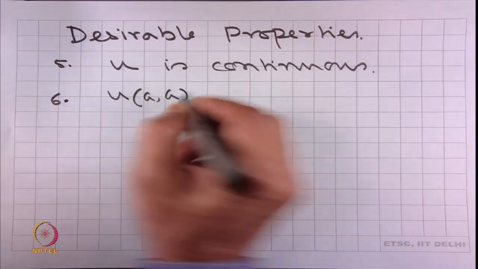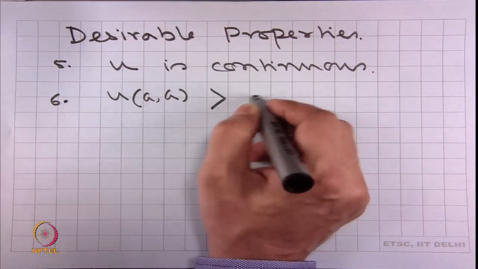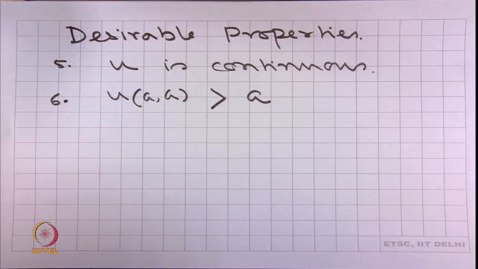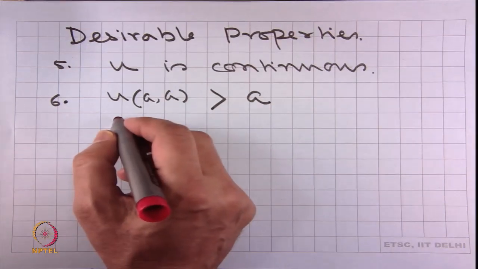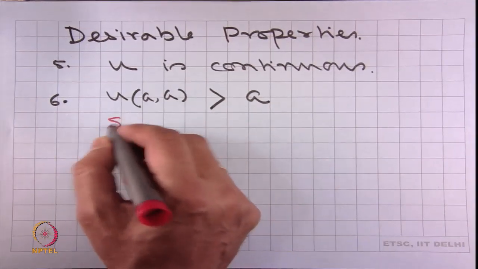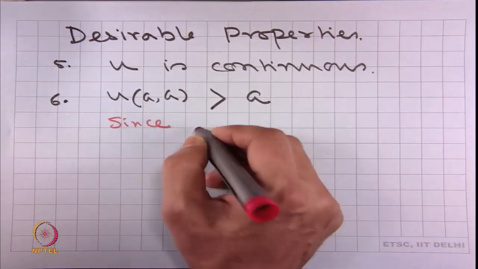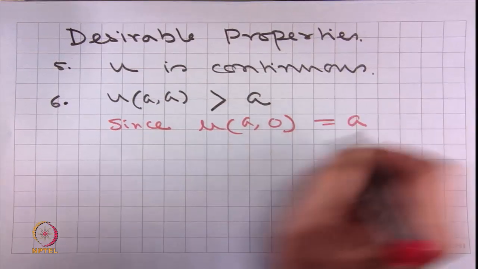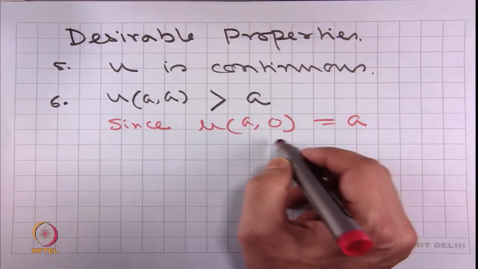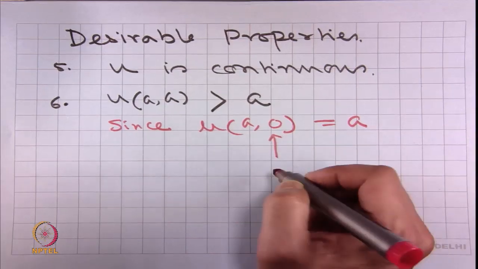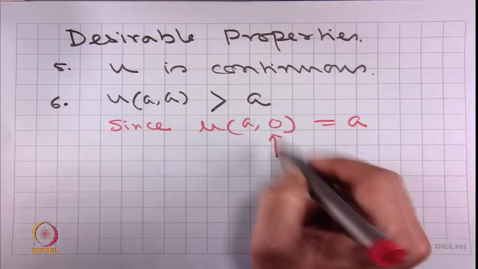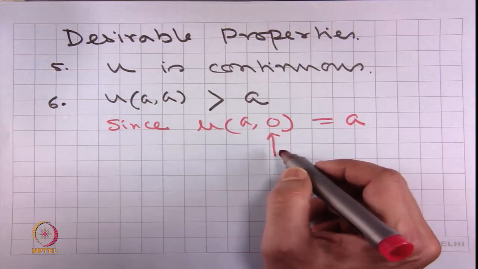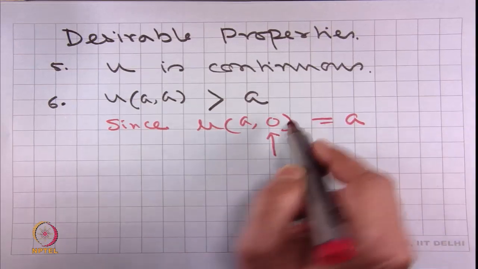U A should be greater than A. This is obvious. This is very natural, since u A comma 0 equal to A, one would expect that if the membership to the second set is bigger than 0, then membership value to the union should be more.